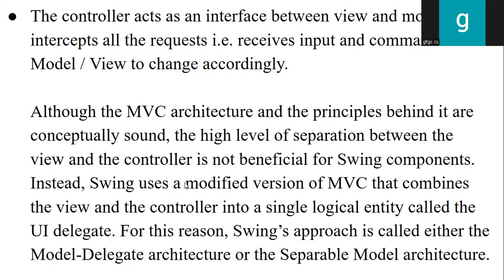Instead, Swing uses a modified version of MVC that combines the view and the controller into a single logical entity called the UI delegate. For this reason, Swing's approach is called either the model-delegate architecture or the separable model architecture.